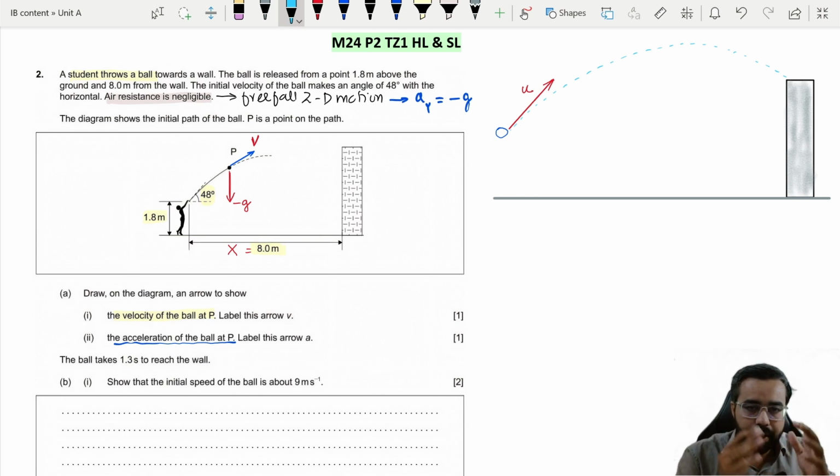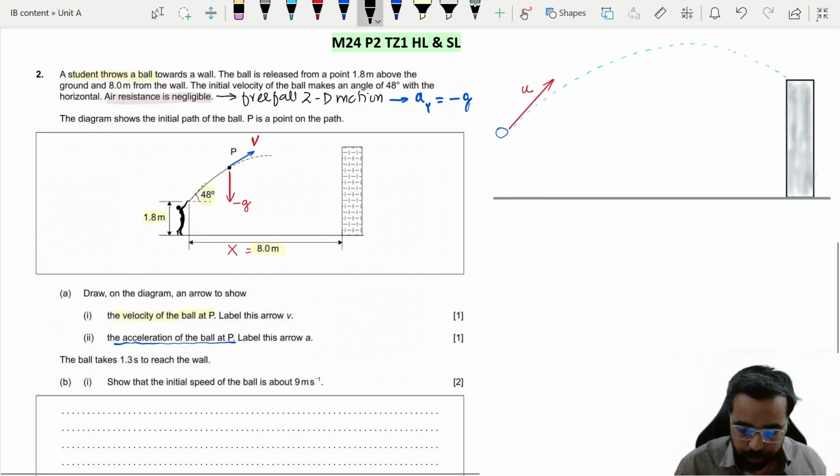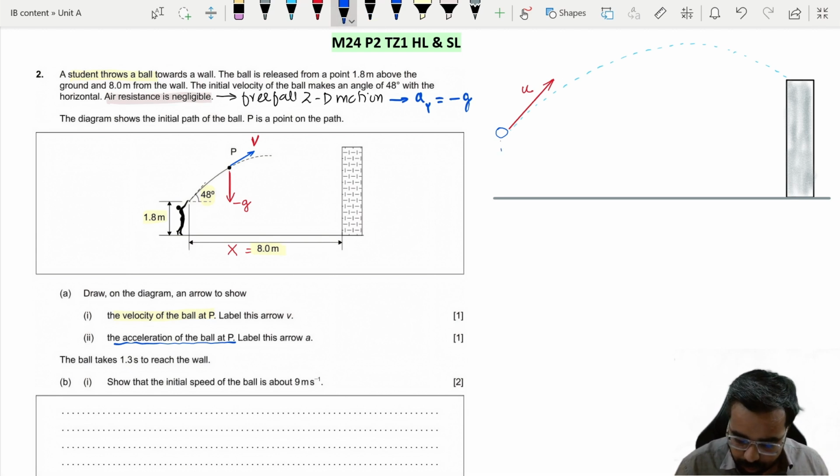Now we know in this 1.3 second, how much horizontal distance has this ball covered? You know that this horizontal distance is 8 meter.